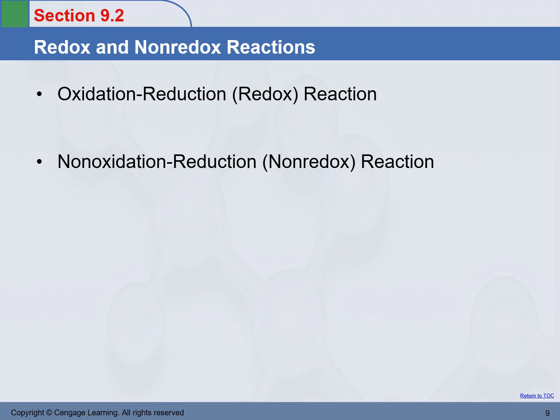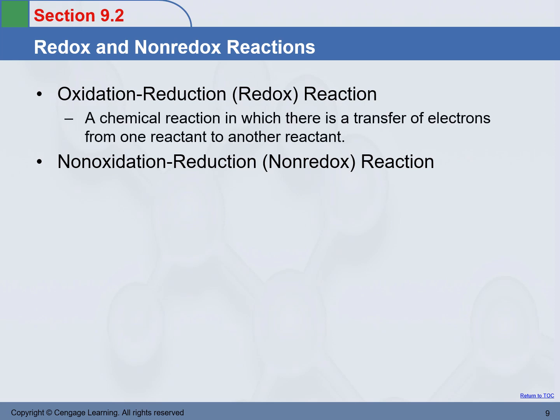So when you look at what's going on with the electrons during a chemical reaction, all chemical reactions can be classified into one of the 2 categories: oxidation reduction reaction, which is called redox reaction, and non-oxidation reduction reaction, non-redox reaction.